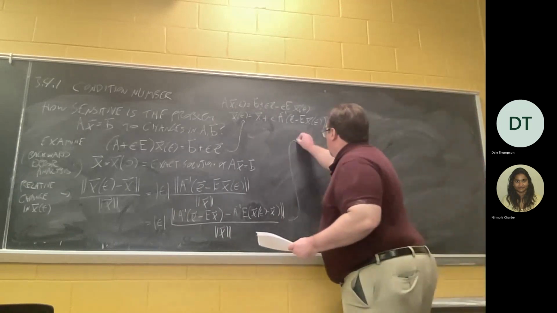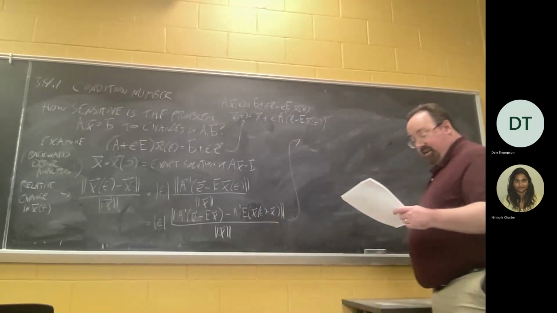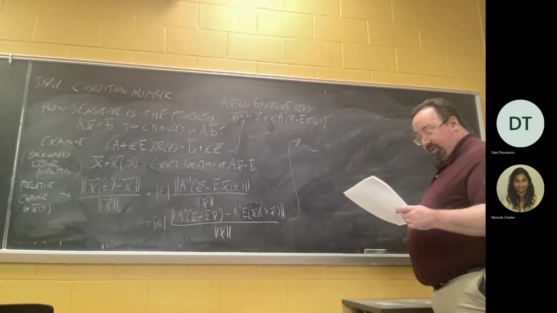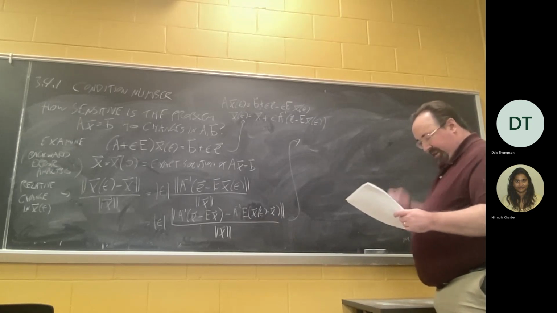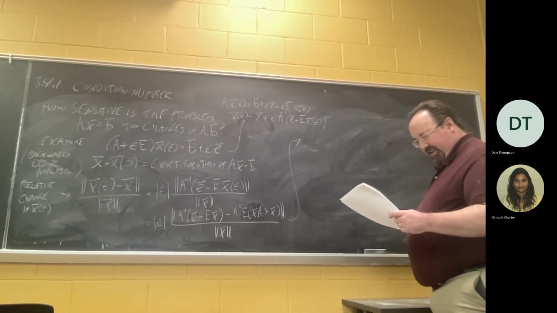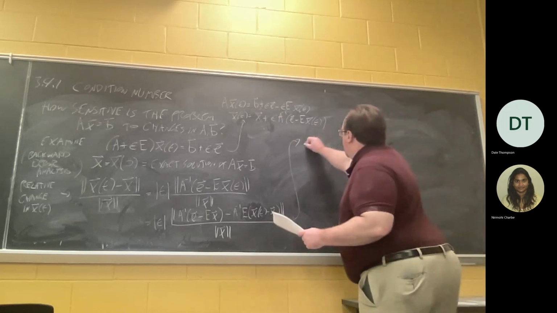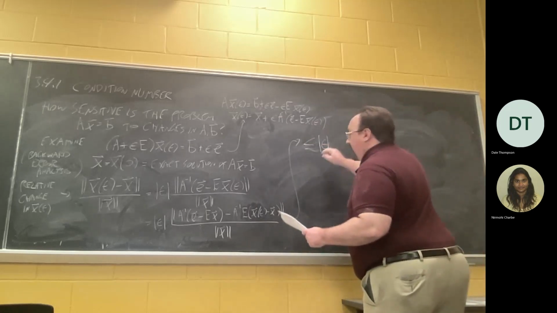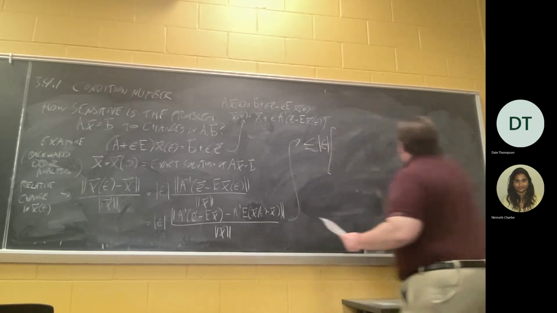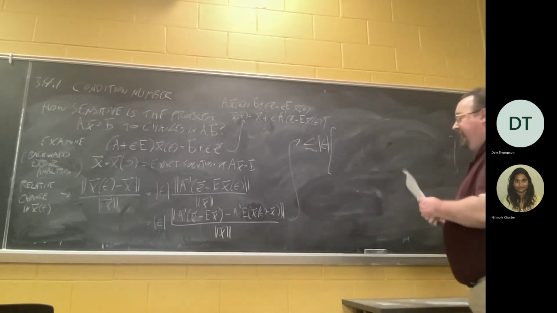Now, using various properties of norms, in particular the triangle inequality, I have epsilon multiplying everything throughout.